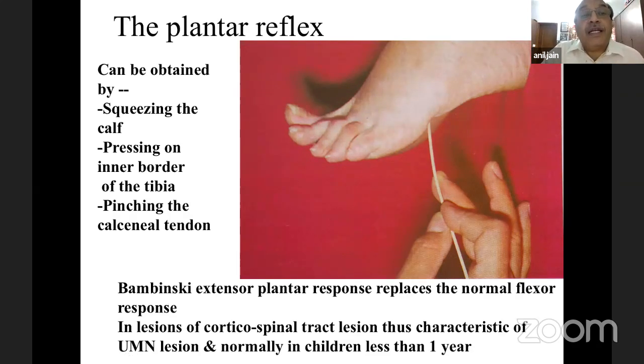In certain situations when it is so hyperexcitable, by squeezing the calf, pressing on the inner border of the tibia, or pinching the Achilles tendon, you can elicit the plantar reflex. One has to remember that up to less than 1 year of age in children, this would be a normal finding.